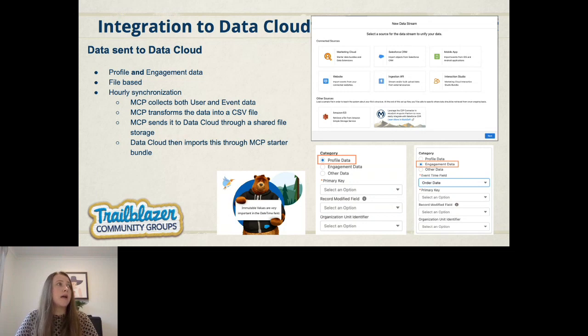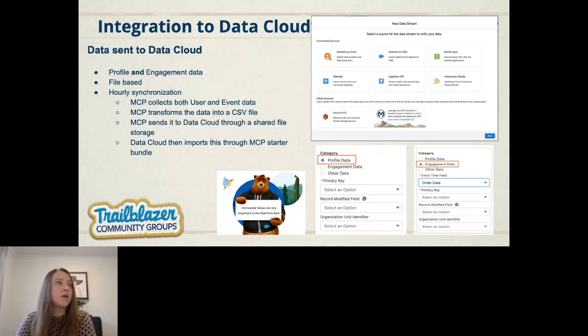How it works is that MCP collects both user and event data and transforms the data into a CSV file that is then sent to Data Cloud through a shared file storage or an SFTP. Data Cloud then imports this through the MCP starter bundle. You can see this starter bundle in the top right image, where it says Marketing Cloud Interaction Studio Bundle. It's selected in a similar way to what Oana was showing in the demo before, but this is for Personalization and not Marketing Cloud.